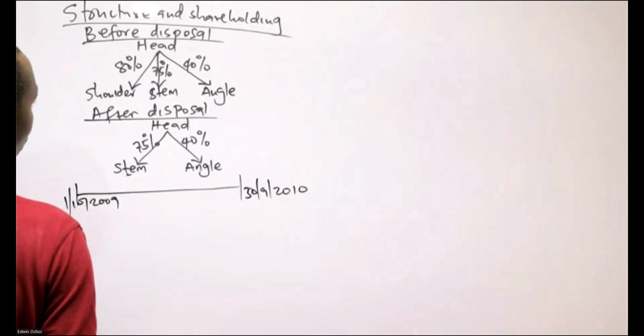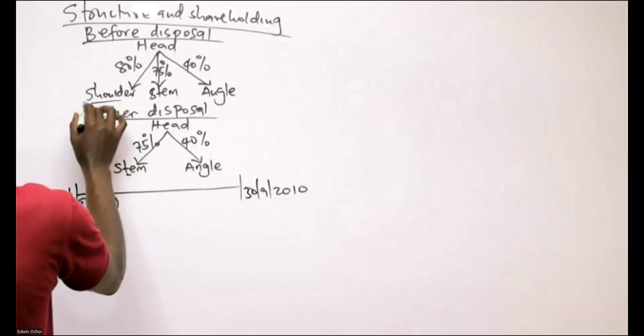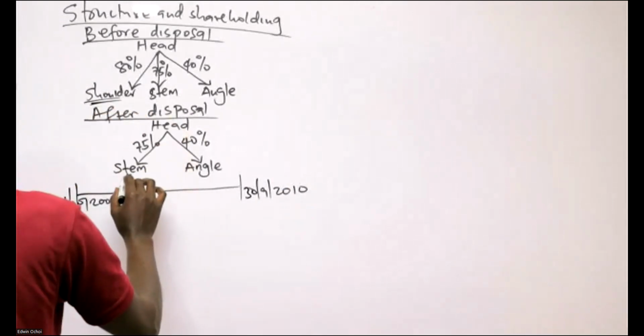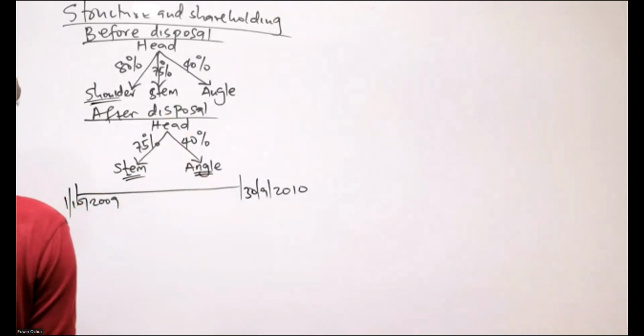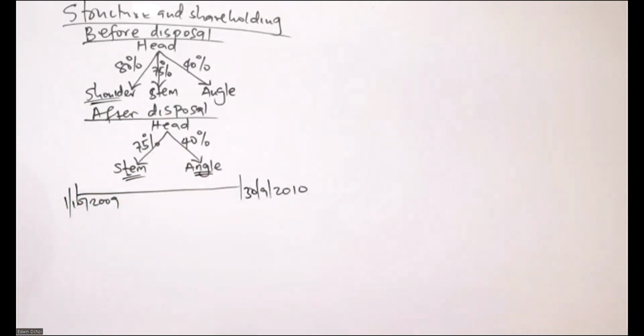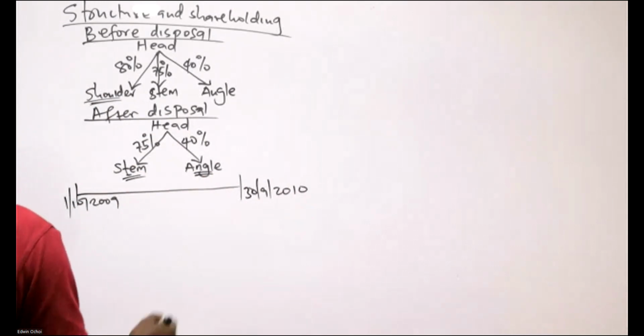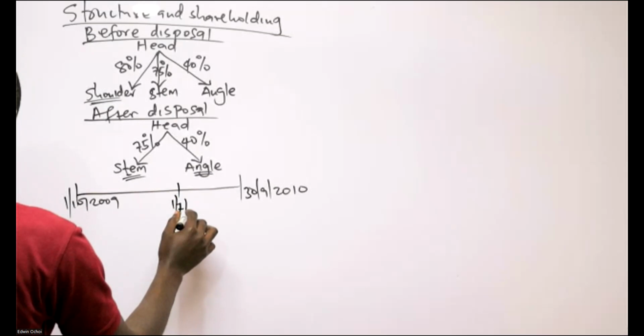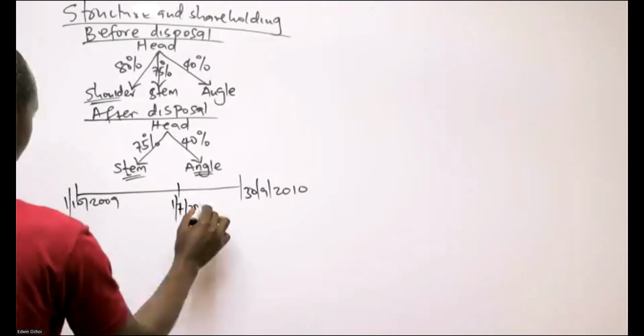The main thing I need to focus on is Shoulder, the time it was disposed, and Stem and Angle, when they were acquired, because they were never disposed. When was Shoulder disposed? According to Note 3, on 1st July 2010.